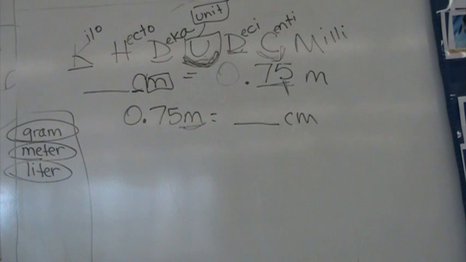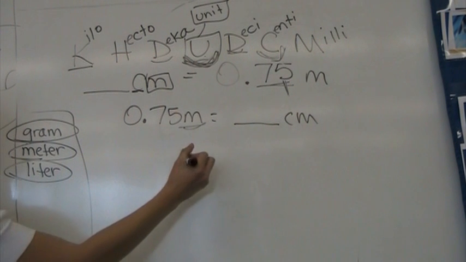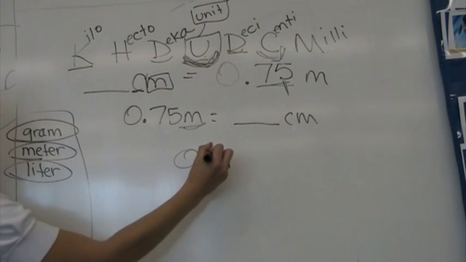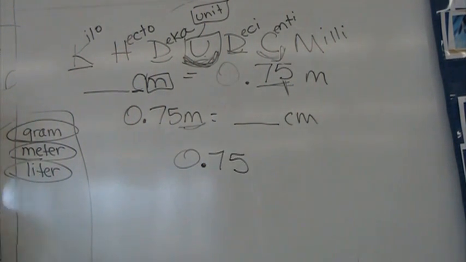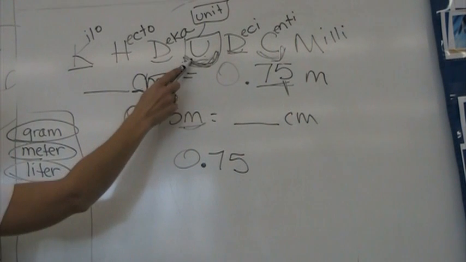So if I'm changing one measurement to another and I'm using the metric system, this only works if you're using the metric system, you're going to write down the number 0.75. And then you're going to look at what direction you move, going from meter to centimeter.